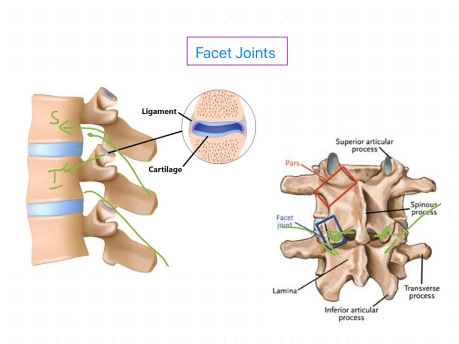Each articular facet within the joint is covered by articular cartilage, which is encapsulated by a thin fluid-filled synovial membrane that facilitates smooth movement and prevents friction.